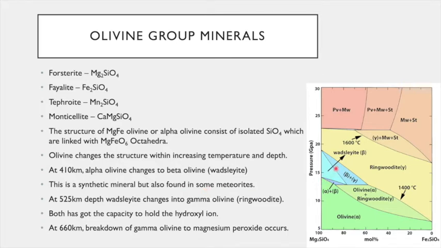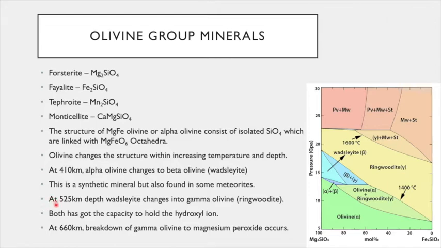Here you can see this wadsleyite, which is beta olivine, the polymorph of alpha olivine. This is actually a synthetic mineral but also found in some meteorites.